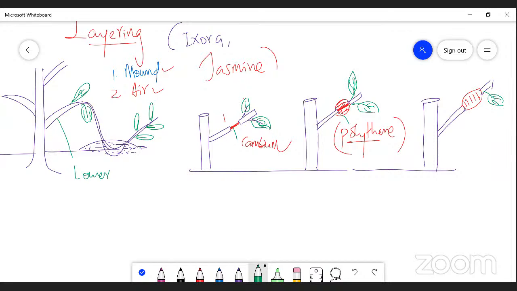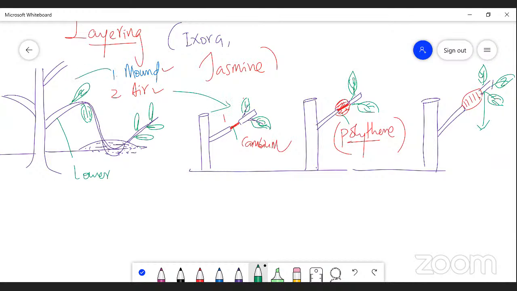At the end of this girdle, you can see new branches originate. These newly formed branches are transplanted into suitable soil, and it develops into a new plant, right? So this is the last category, air layering.